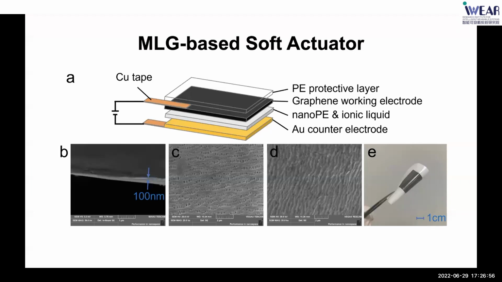And here are our devices. Similar to our previous electrical devices, we're using graphene as the working electrode and nano PE containing ionic liquid as the electrolyte layer. And we're also using gold counter electrodes to compose our devices.